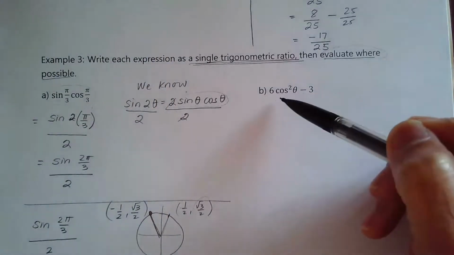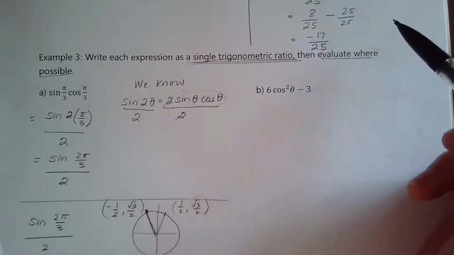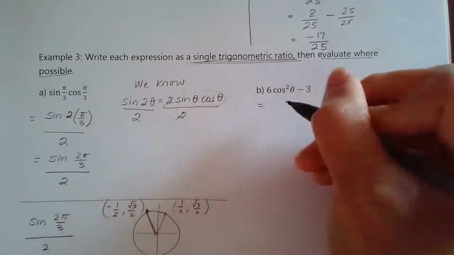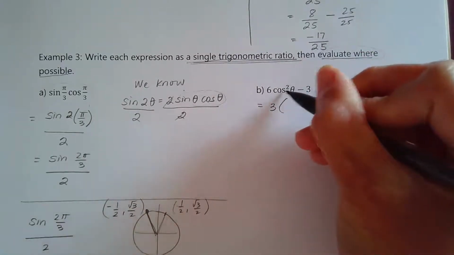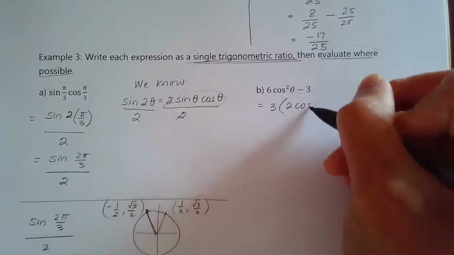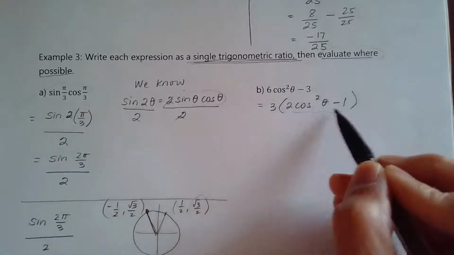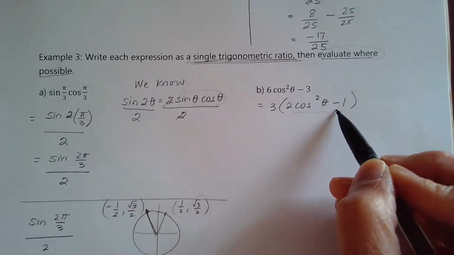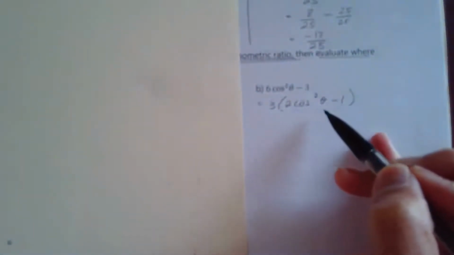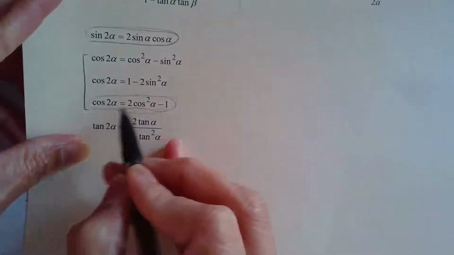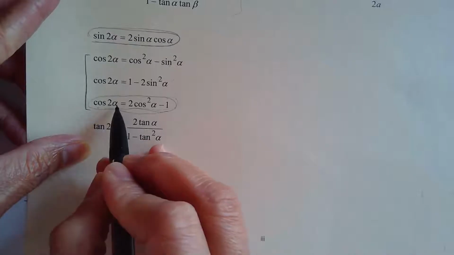Okay, what we can do is we can factor out a common factor of 3. So it's going to be 3 times 2 cos squared theta minus 1. Now this part here, 2 cos squared theta minus 1, that's the same thing as cos 2 of the angle.